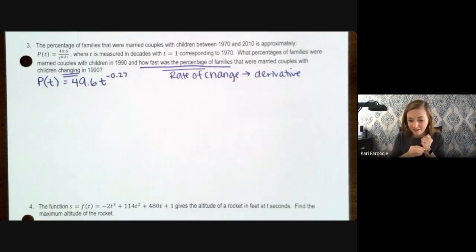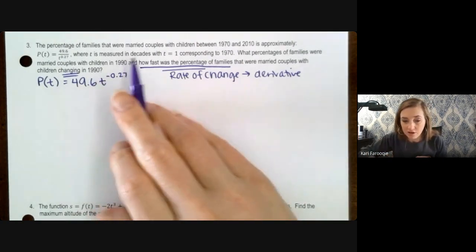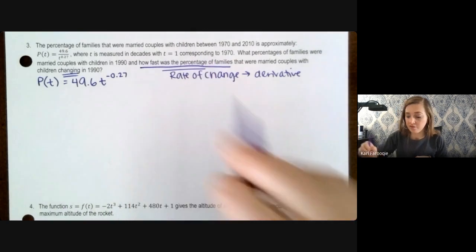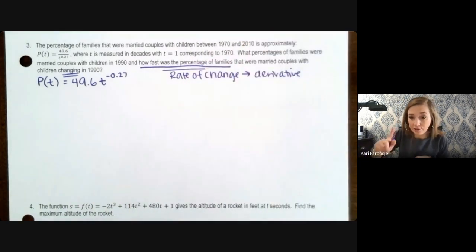The other one is, if we're going to be talking about 1990, we need to figure out the value of T. T is measured in decades, with T equals 1 corresponding to 1970. Decades, not years. So it's very normal for us to want to say that T is somewhere in the 20s, because you're like, oh, well, 1990 is 20 years after 1970, so 1 plus 20 is 21.